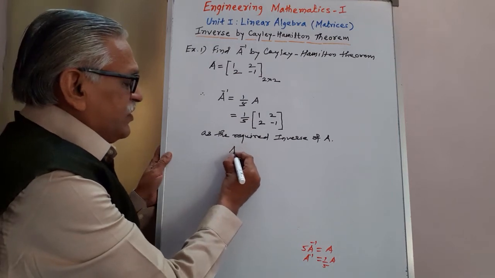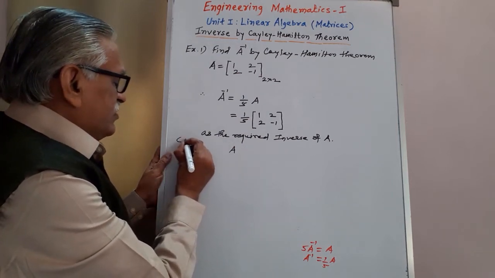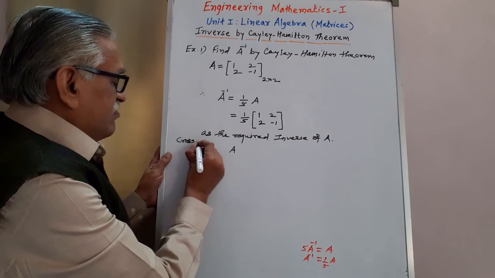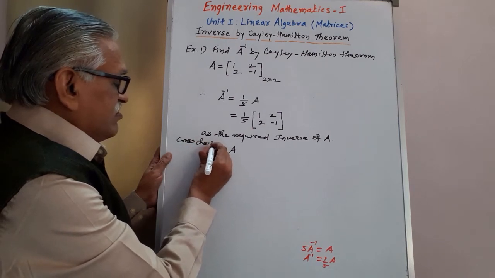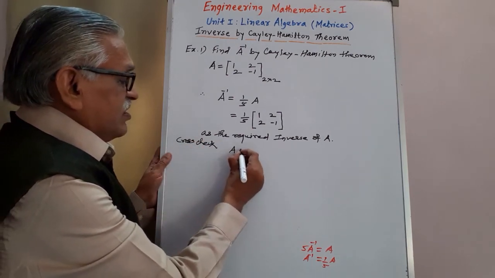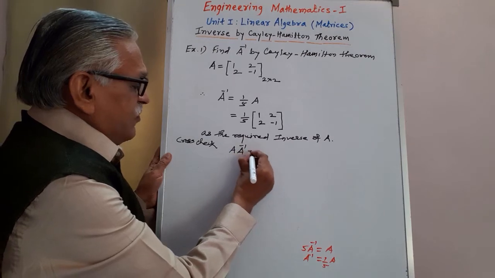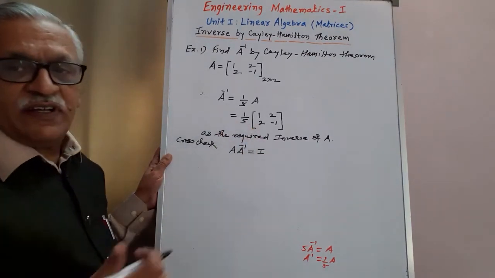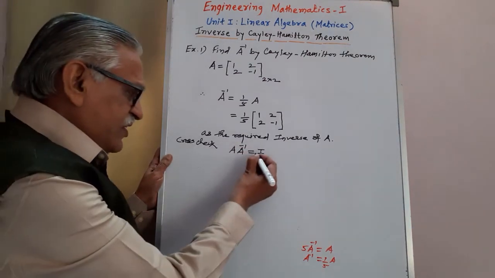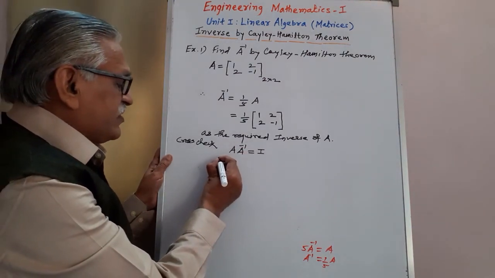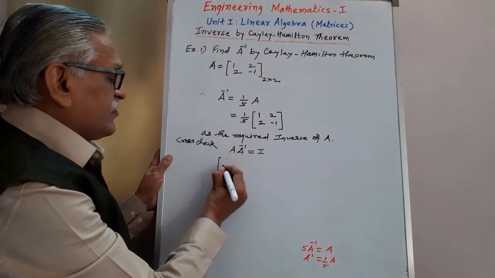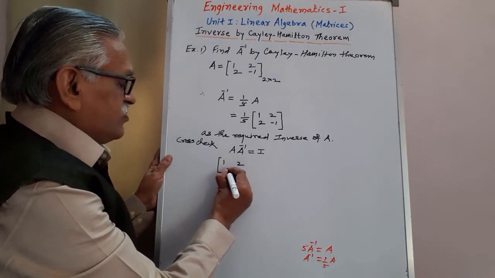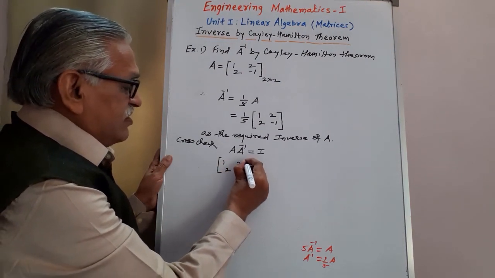this property. We know that A into A inverse, if we get the identity matrix, then whatever answer obtained is the correct one, and therefore quickly we cross check it. Given matrix A is 1, 2, 2, minus 1.